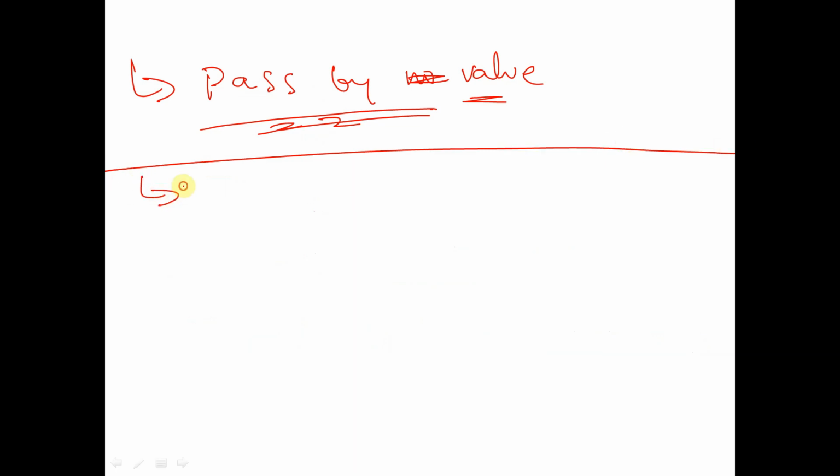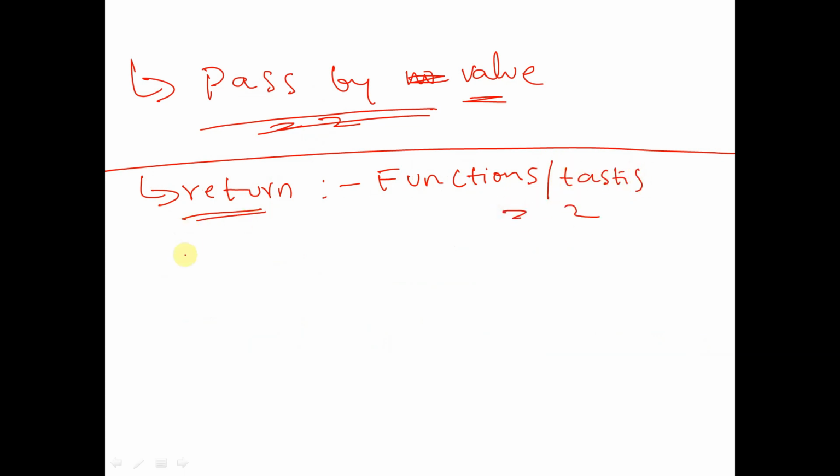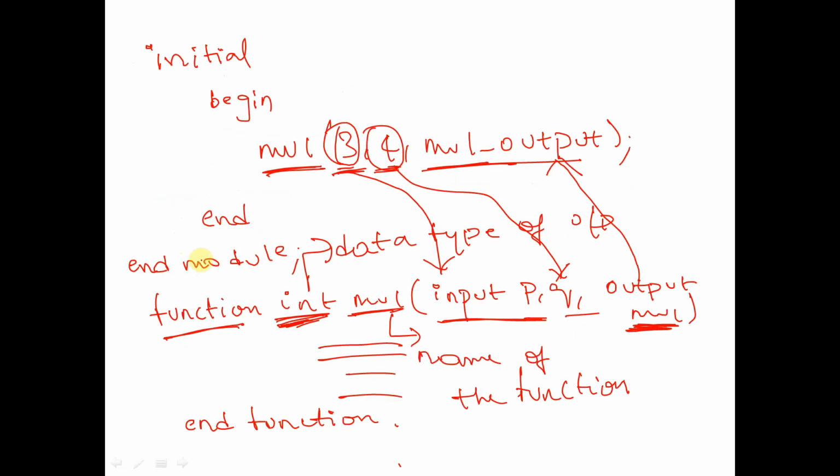We also have the return keyword in functions, and we can also use it in tasks. So in SystemVerilog we can use the keyword return. Let's see how this keyword is used. I will not write everything; I will start with the function directly.